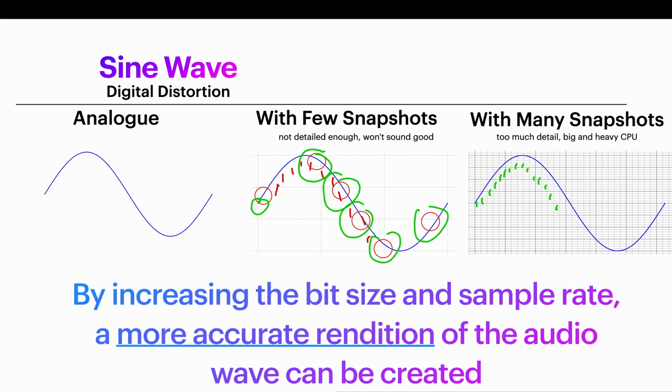So increasing the bit size and the sample rate boils down to one thing: accuracy. This is very important. Basically, the more accurate a representation that you can get, the closer it's going to be to the actual audio that you're trying to sample in a digital domain.